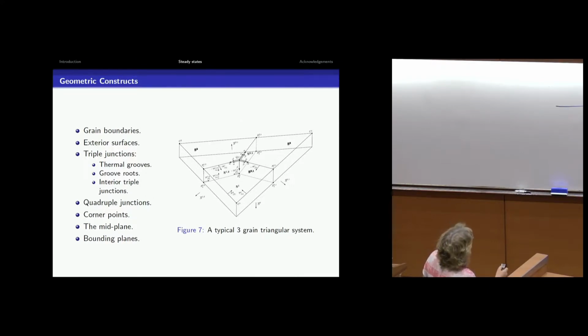Just to give some notion of what the conditions are, we have grain boundaries, exterior surfaces, triple junctions, thermal grooves, groove roots, interior triple junctions. We have 1 quadruple junction. We've got corner points, midplanes, and bounding planes, all to be taken care of. It's a bit complicated, but messy, nothing too bad.